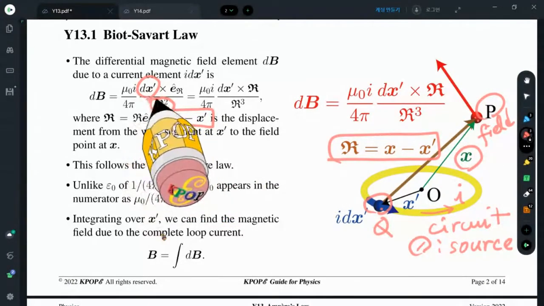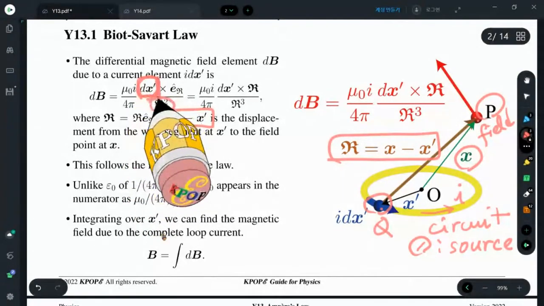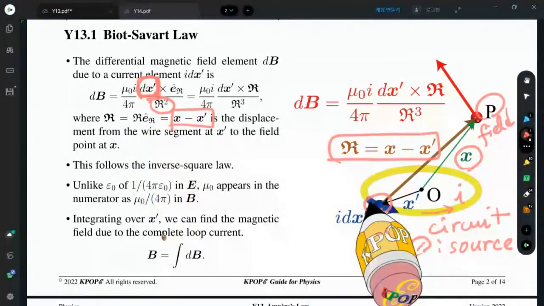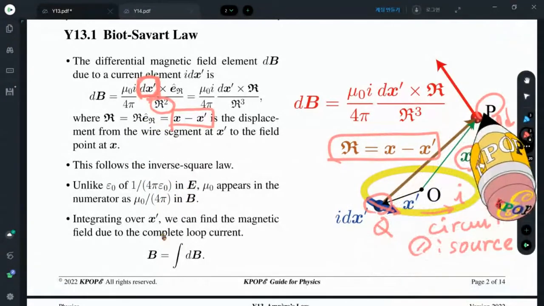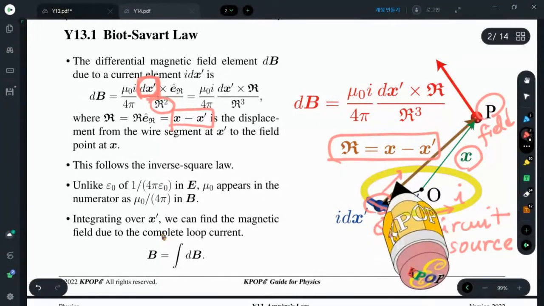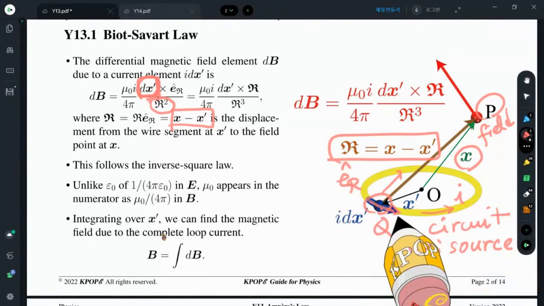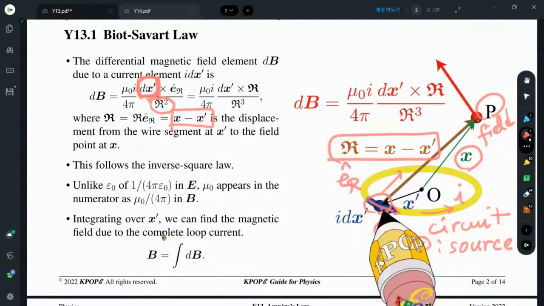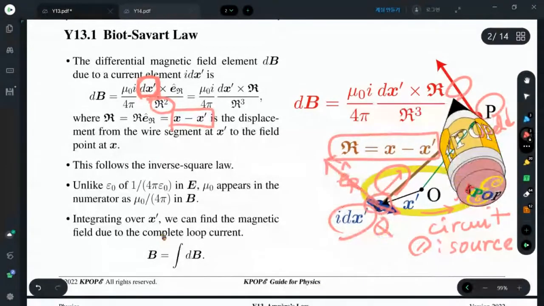And the magnetic field is proportional to the length of the line segment, and we have the direction of this line segment and the direction of our vector. A unit vector is chosen, R hat. You use the right hand to find the cross product between this one and this one. The direction is this.